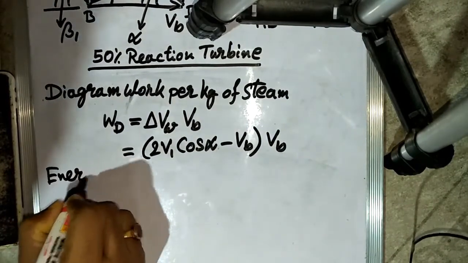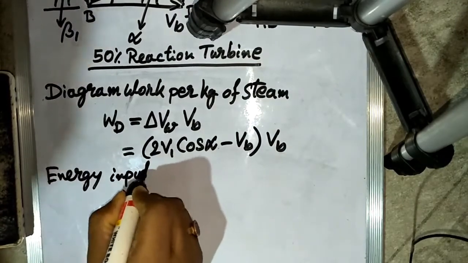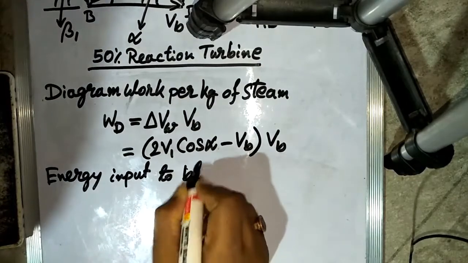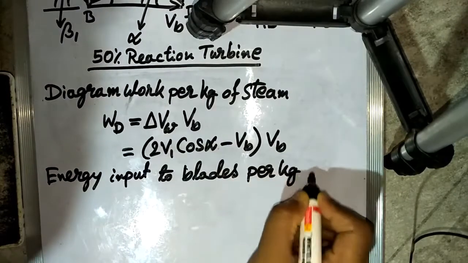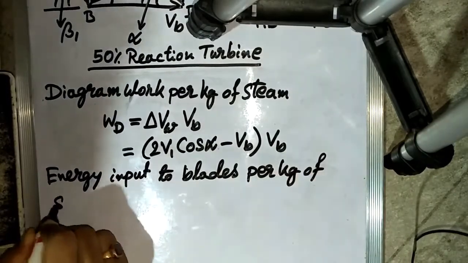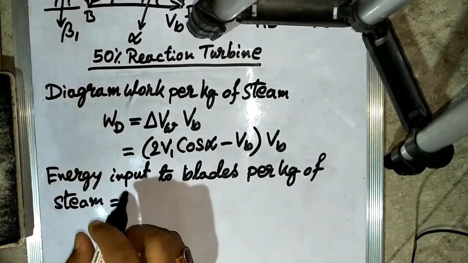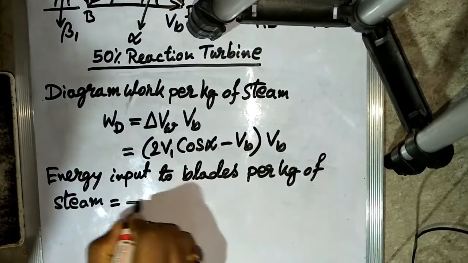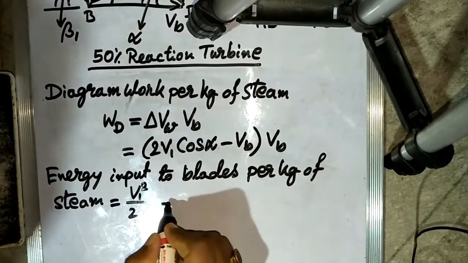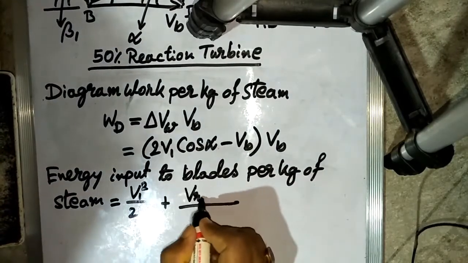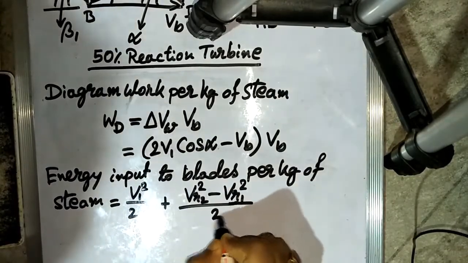The energy input supplied per kg of steam is equal to V1 square by 2 plus (VR2 square minus VR1 square) by 2.